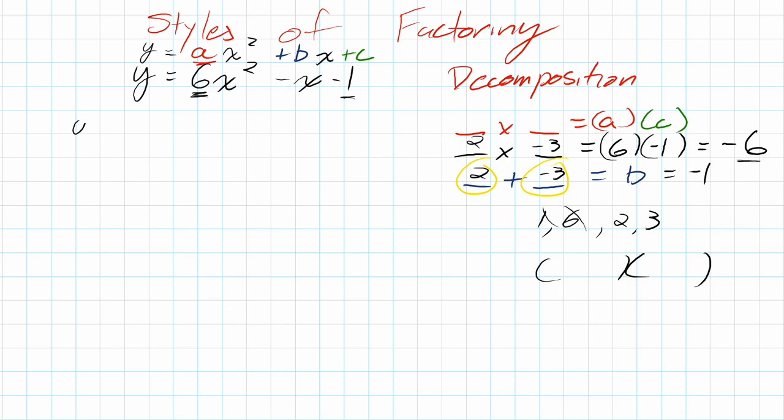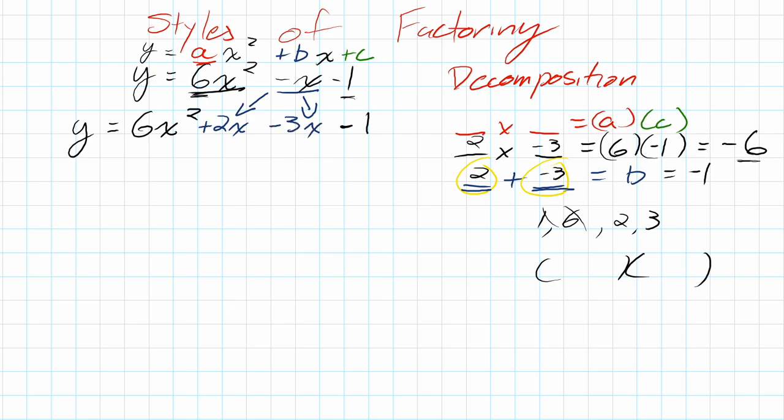So instead what we do is we're taking the original equation. I keep the first term the same, 6x squared, and the last term is still negative 1. But what we're doing is, and this is why they call it decomposition, we decompose the b value into these two numbers. So positive 2x, and we have to be aware that we did negative 3, so negative 3x.